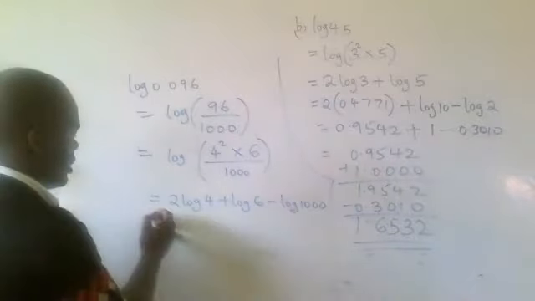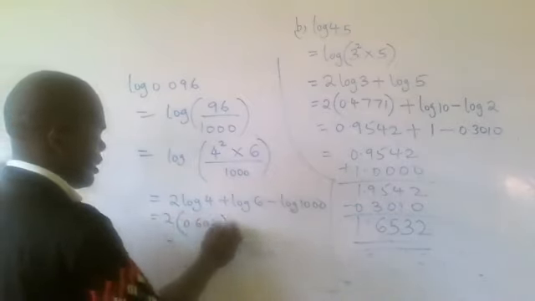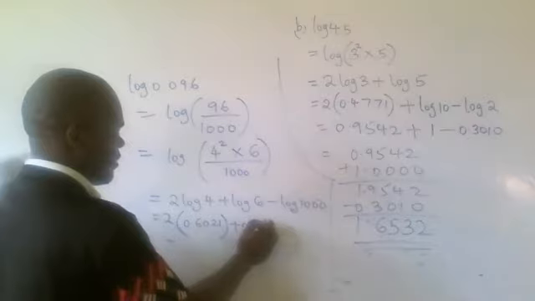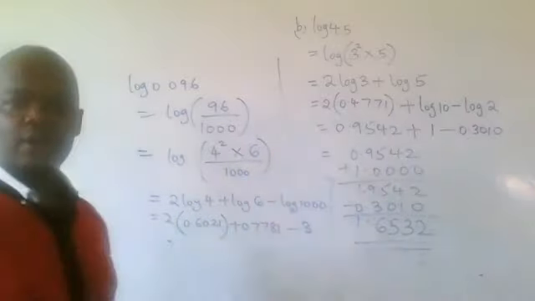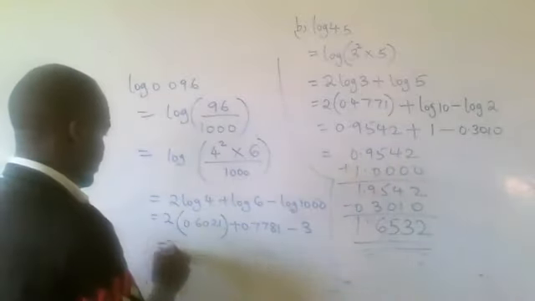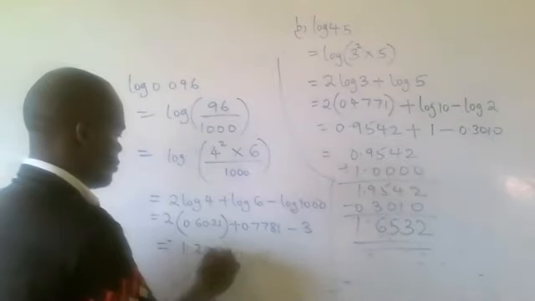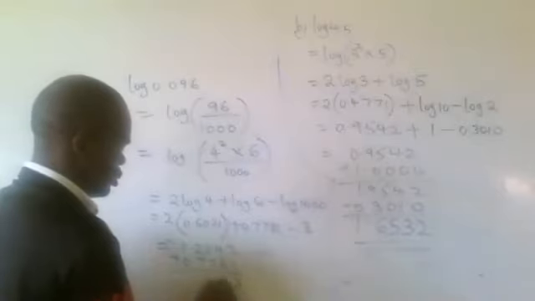So 2 log 4 plus log 6 minus log 1,000. So we put here 2 into 0.6021 plus 0.7781 minus 3. Log 1,000 is 3. Then this comes to 1.2042, add 0.7781.